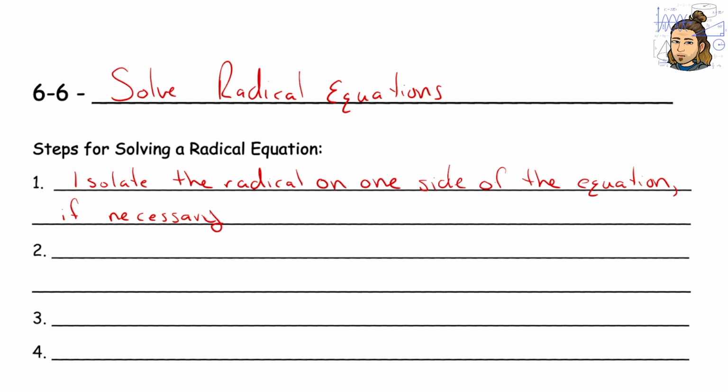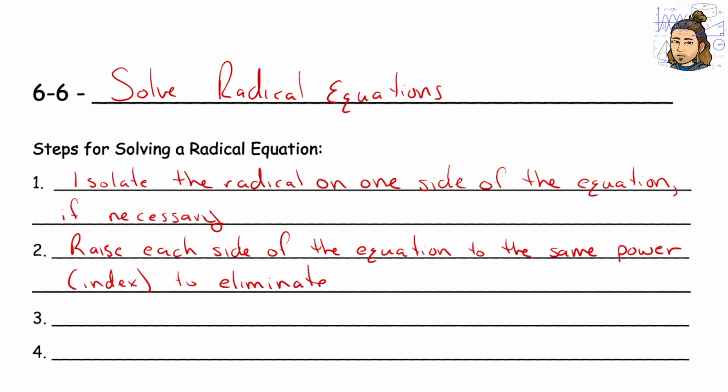The second step is to raise each side of the equation to the same power and index to eliminate the radical. The third step then is to solve for the variable.